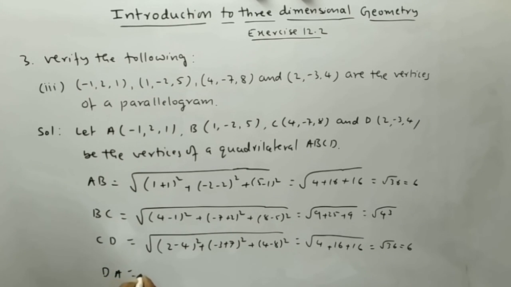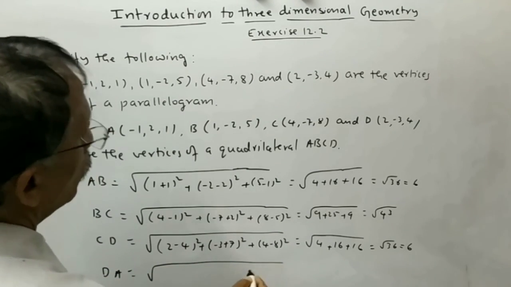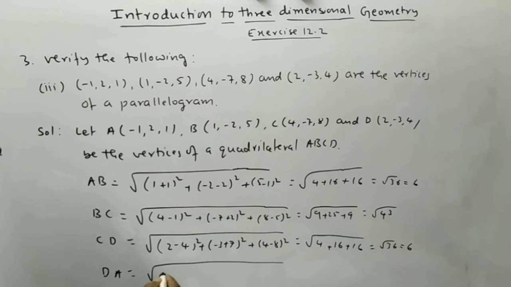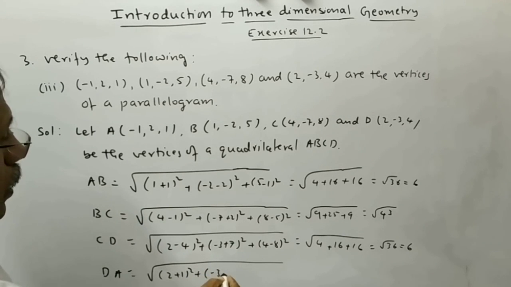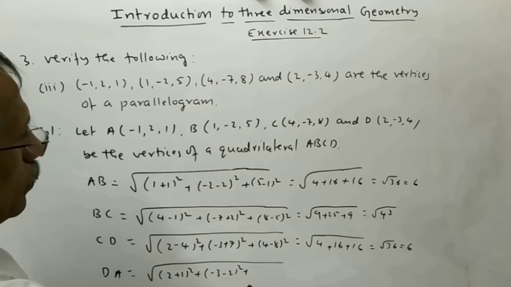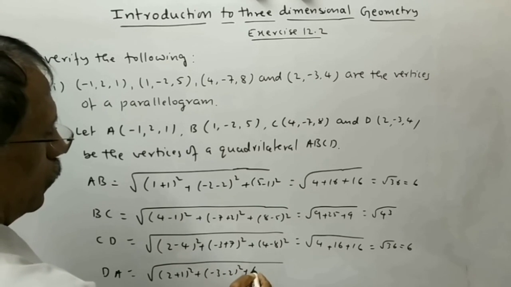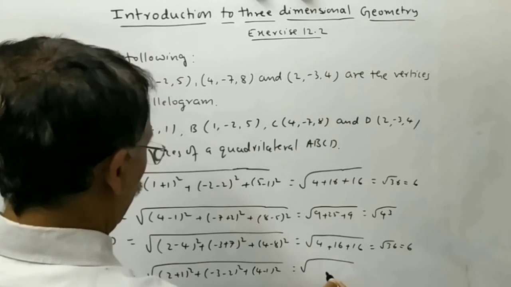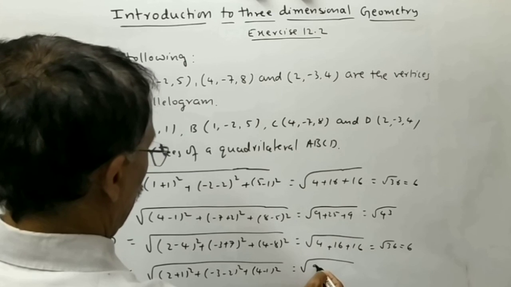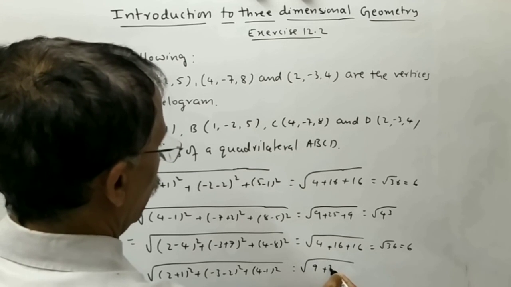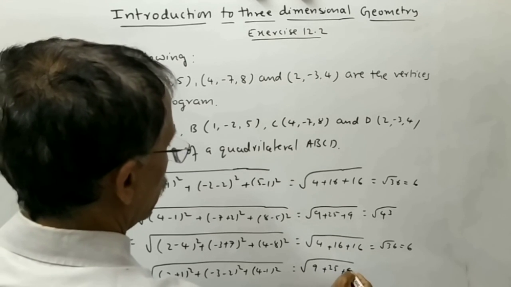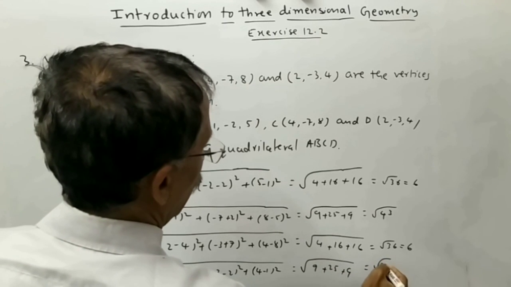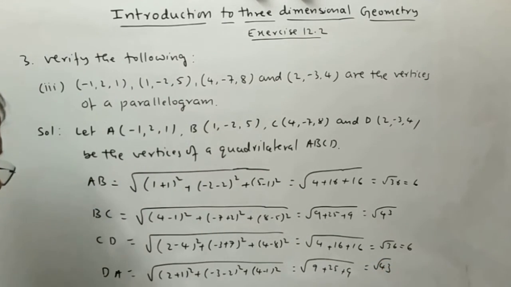DA is equal to square root of 2 plus 1 whole square plus -3 minus 2 whole square plus 4 minus 1 whole square, is equal to square root of 9 plus 25 plus 9, is equal to square root of 43.